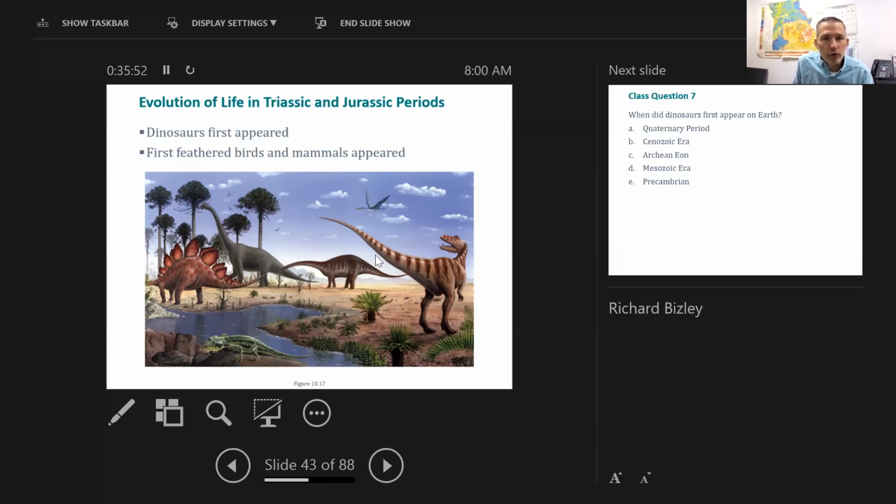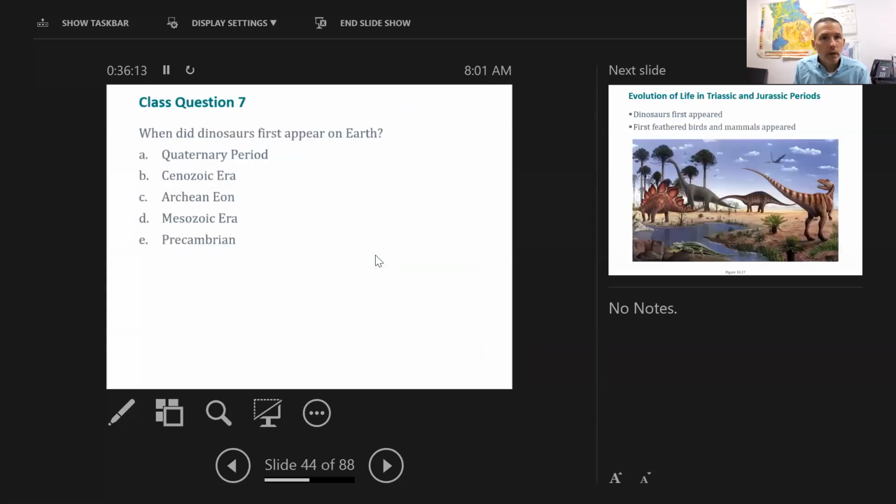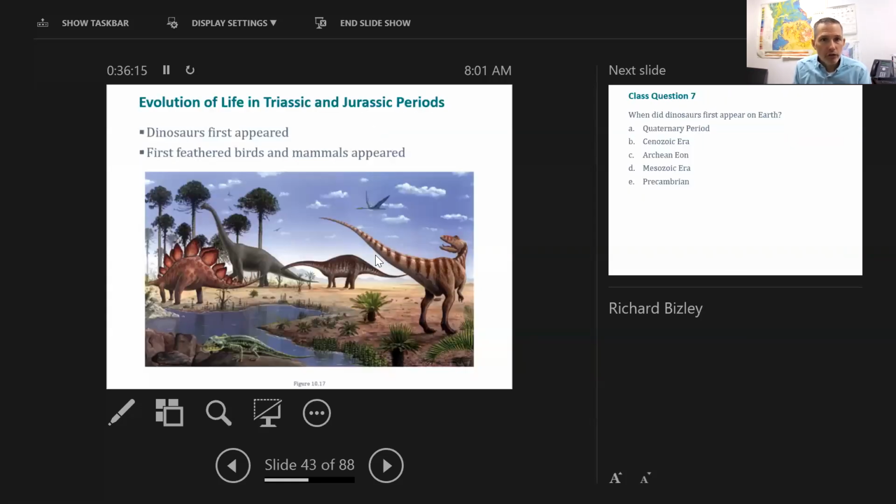But if you're thinking back to Jurassic Park, most of the dinosaurs from Jurassic Park were actually from the Cretaceous. We'll get to the Cretaceous in a second. But dinosaurs first appeared in the Triassic.